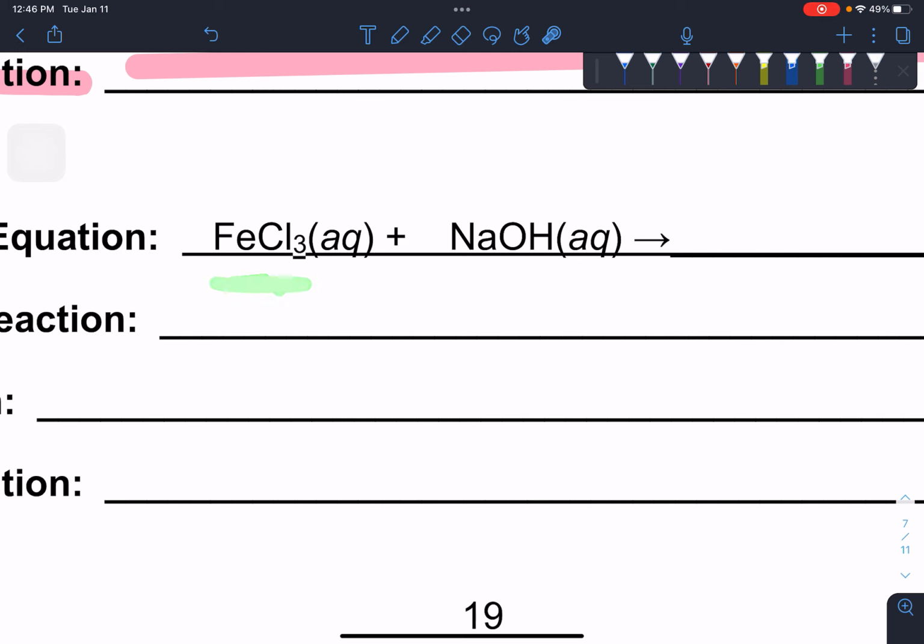Now, one of the main clues is the 3 on the chloride there. We saw that we could switch the subscript numbers in the formula to indicate the charge of the other compound, and that works for this example. So what we're looking at is the ferric ion and the chloride ion. Why are there 3 chloride ions? It's not just because of that rule. It's because nature has to balance those charges.